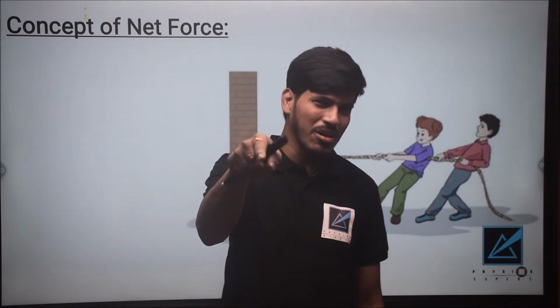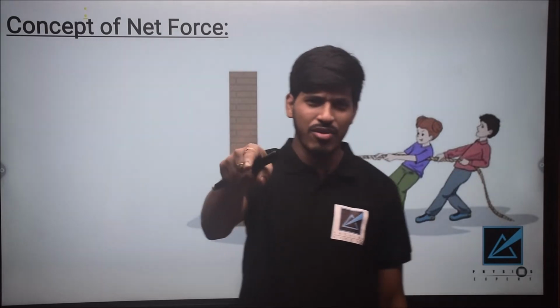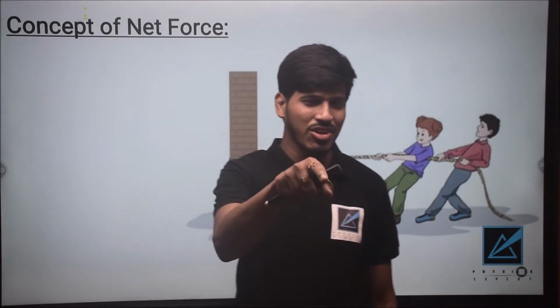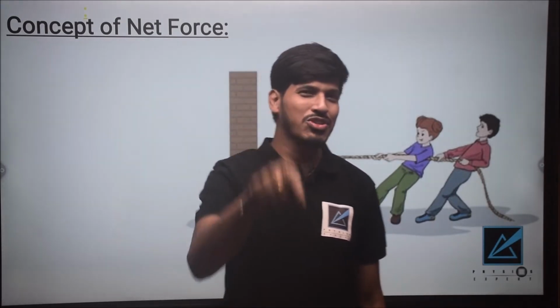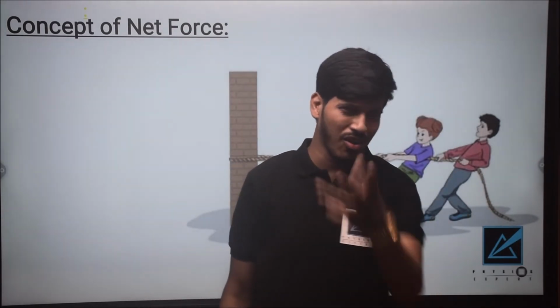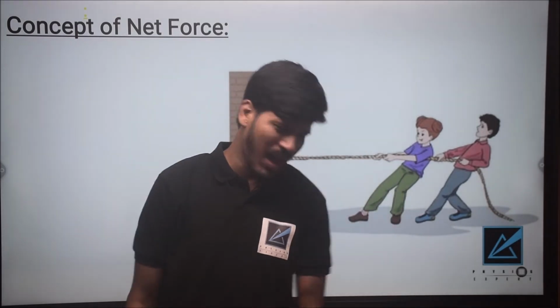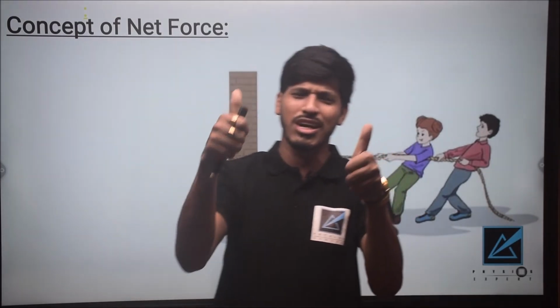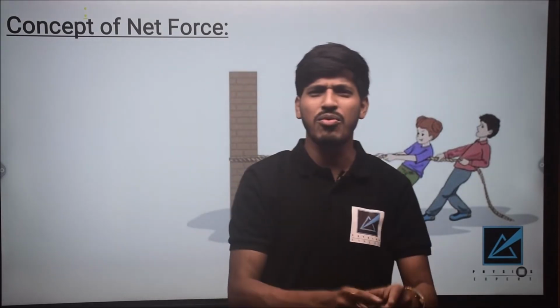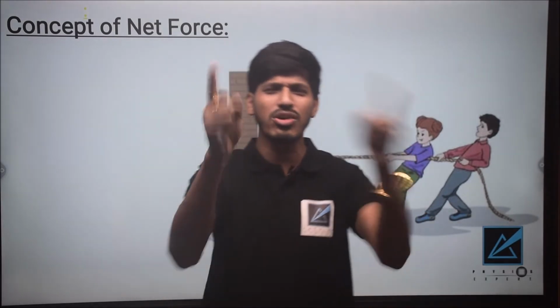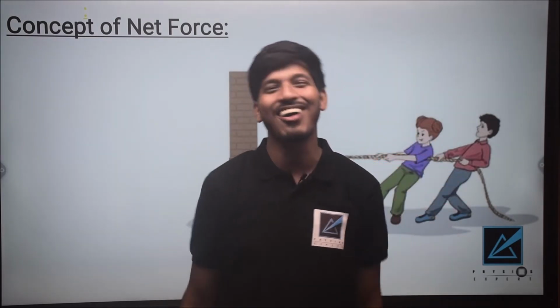Net force on you: if you are watching my video right now, sitting in a chair, then there is force on you. You are attracted in the downward direction by the gravitational force. As you are sitting on a bench or a chair, there is a normal reaction on you, but still you stay in position, because forces are acting on you but the net force on you is 0.